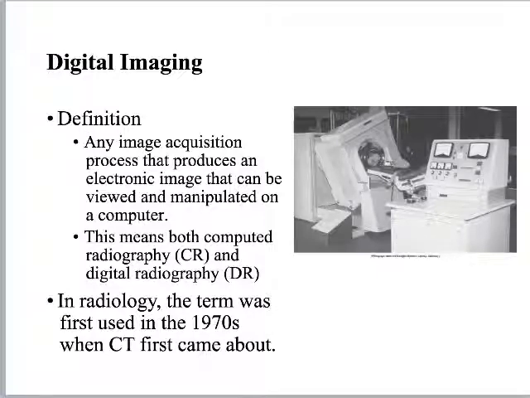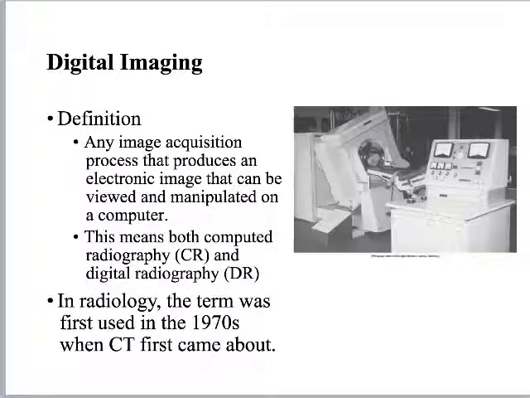In terms of medical imaging, digital imaging largely is taken to mean either computed radiography, which is abbreviated CR, or digital radiography, which is abbreviated DR. And this term was first coined in the 1970s with the advent of CT. So here I have one of the first CT head scanners that was produced by EMI.